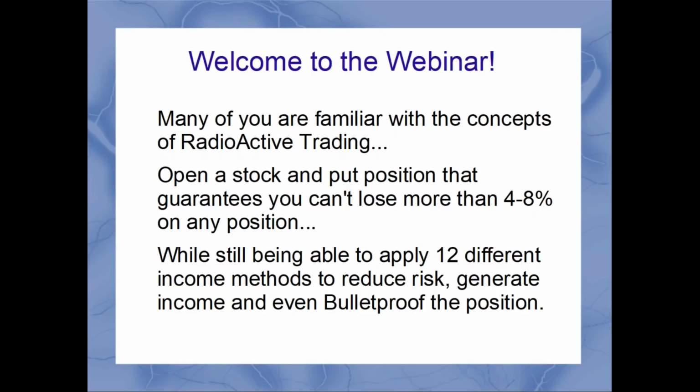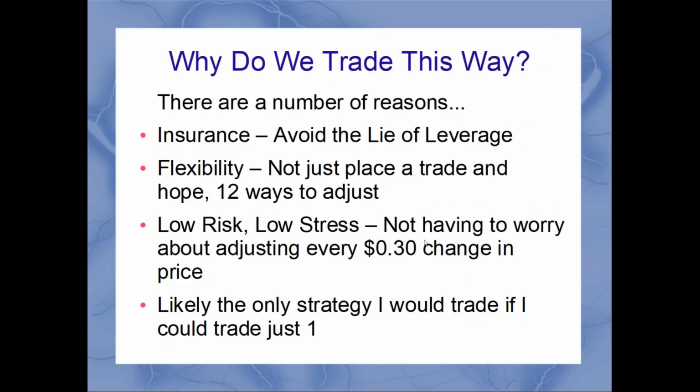As that position is now in place, we'll then apply the 12 different adjustments, which we call income methods described in the blueprint, to further reduce the risk, generate income, and eventually bulletproof the position. That means when we've taken all the risk out of the trade, we have a no-risk trade that still has infinite upside.